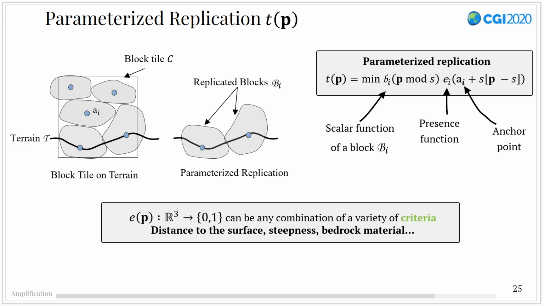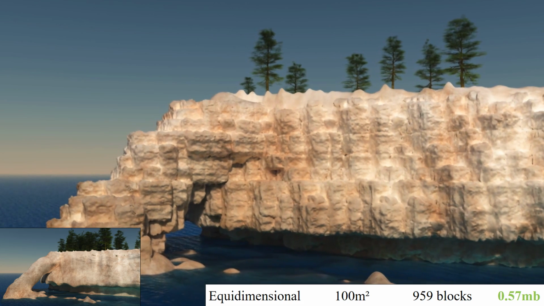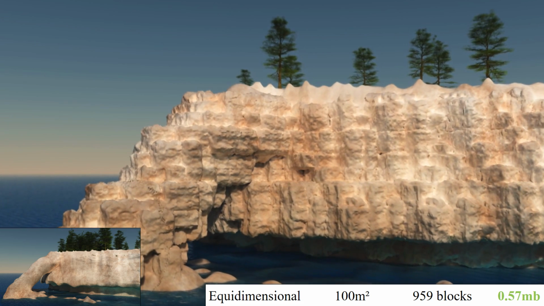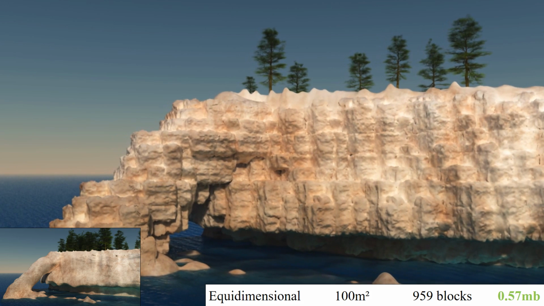I will now show you some of the results of this replication operator. Here is a volumetric coastal scene made of an arch and overhangs, amplified with equidimensional blocks. You can see the initial terrain T at the bottom left of the screen.